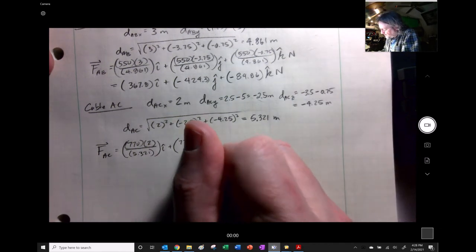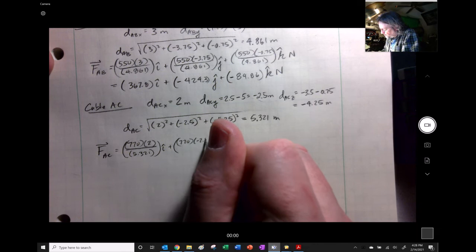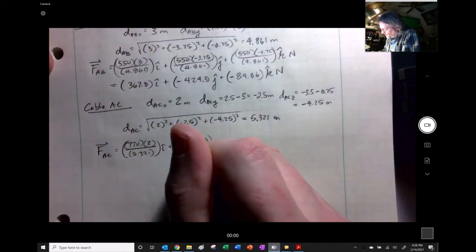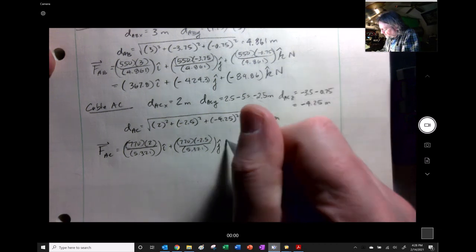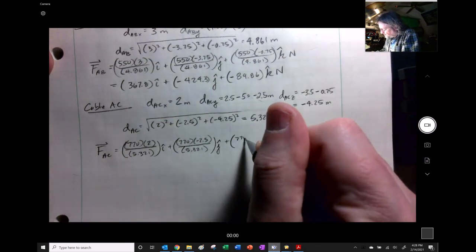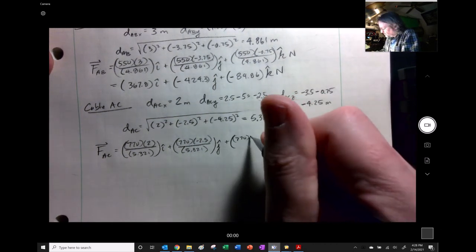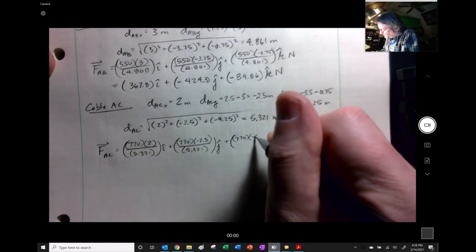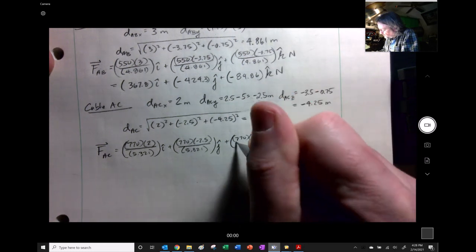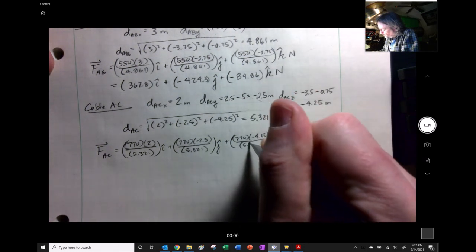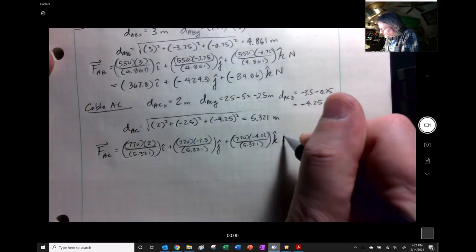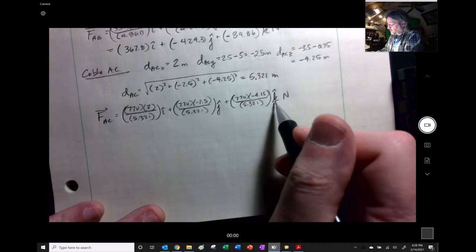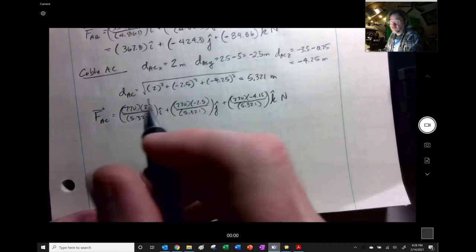And 770 times our negative 2.5 over 5.321 j, and then 770 times negative 4.25 over 5.321 k, and these are newtons. They look like kilonewtons right there because of that k and that newton, but they're not.